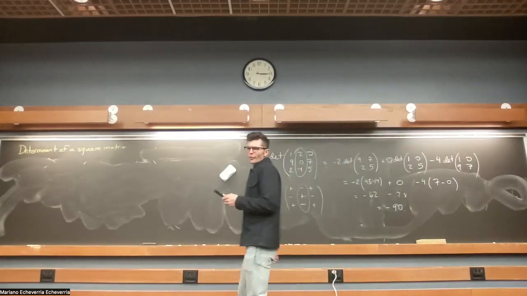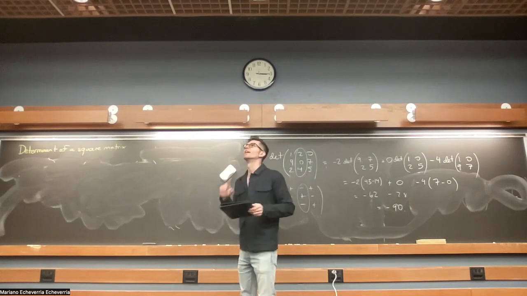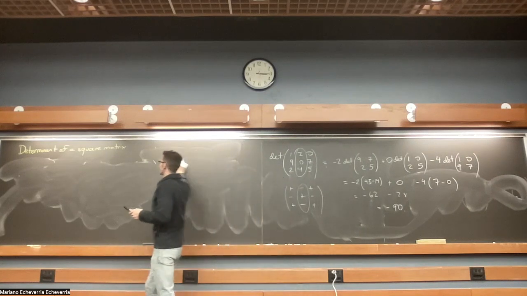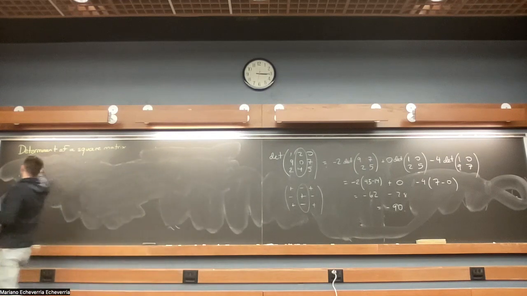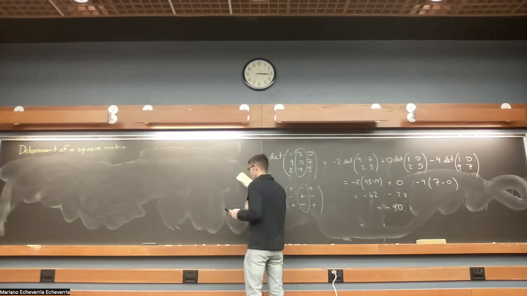I mean, you can go to Wolfram Alpha and type determinant, enter the entries, and you get it in less than 1 second, like the formula. So finding the determinant is not such a big thing. It's more about what we are getting out of it that is important to understand.